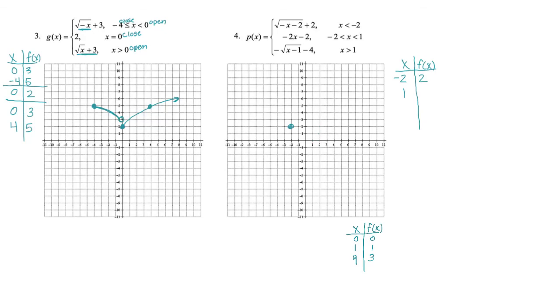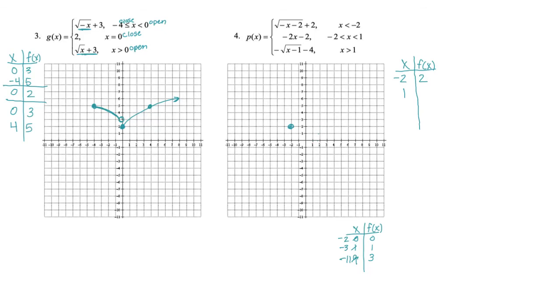And what all have we done to this function? Goodness, we have moved it, let's see, to the left 2, so that's going to be -3, and then we flipped it around too, so yeah, so that's going to be -11. Goodness gracious. And then what are we doing to the y's?